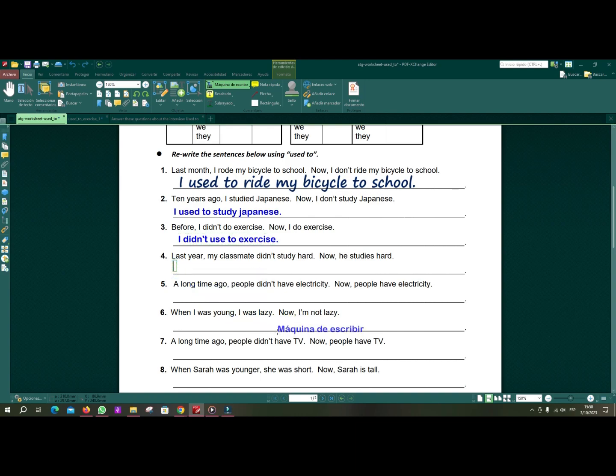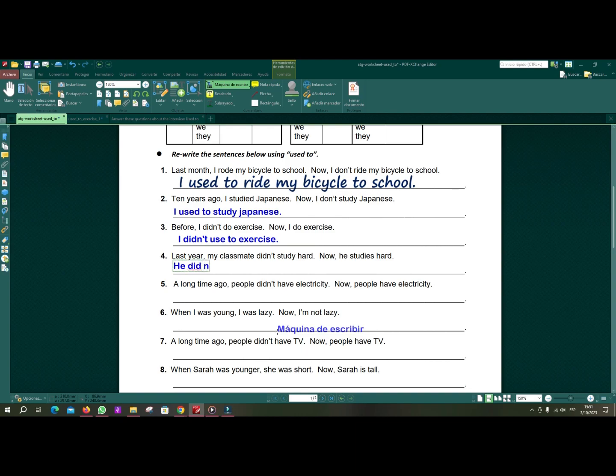What about the number 4? Marjorie, do you have the number 4? Do not... Oh, did not. Okay, that is my classmate or he. That's okay. We can say he. He what?